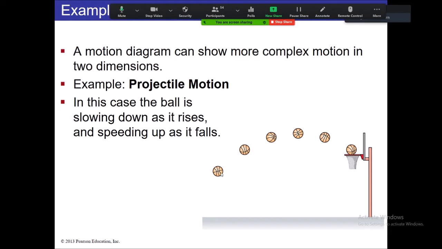In the x direction, each image is separated by the same distance in x, and that means the ball is moving at a constant speed in x. So you can combine things into a single image. Having 2-dimensional motion is really just expressing 1 dimension twice, and there's 2 different things going on here.